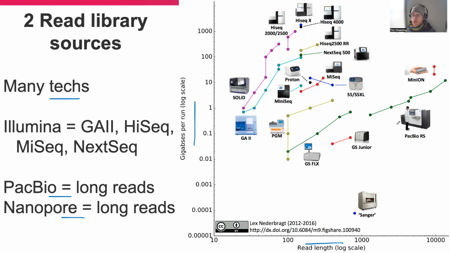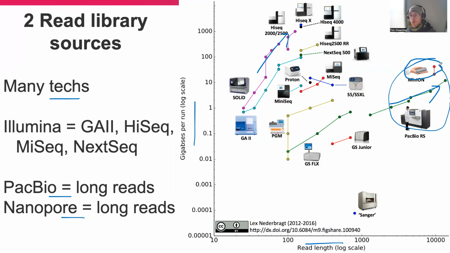What you can see here is the Nanopore MinION devices, where their output is gradually increasing. We also have PacBio, which are increasing their output too. Some of these technologies no longer exist. Then you have HiSeq up here, where the read lengths are shorter but the output is relatively higher, whereas long reads are over here, fewer reads but longer ones.